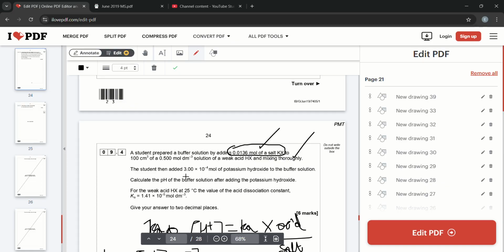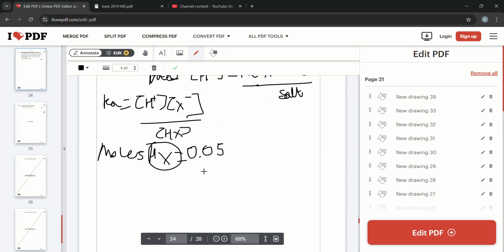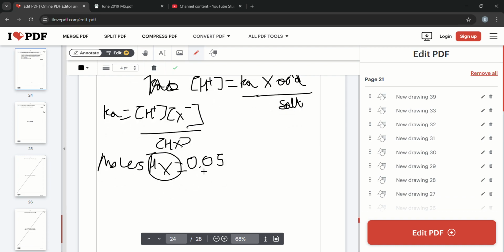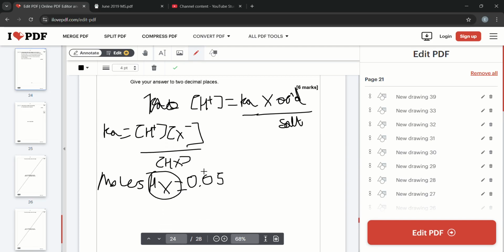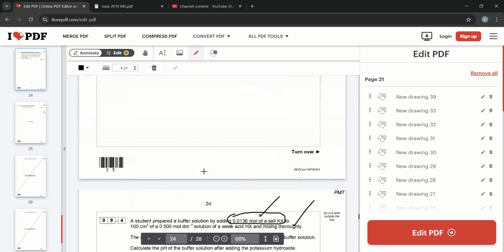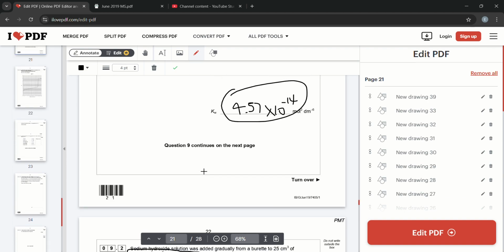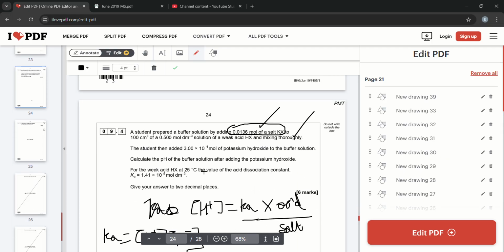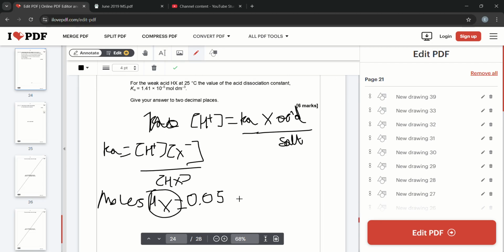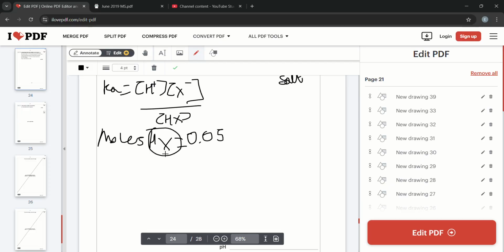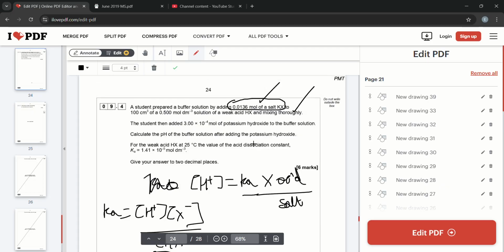So what we need to do here is subtract that value, because we've got the value of HX, 0.05 mole, and now to find the amount after we add potassium hydroxide, that's what we need to find.